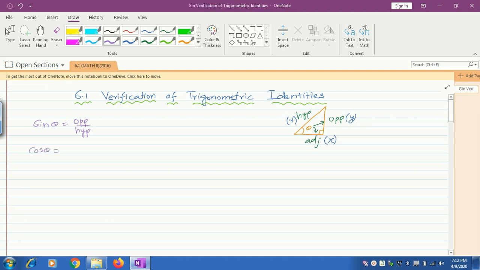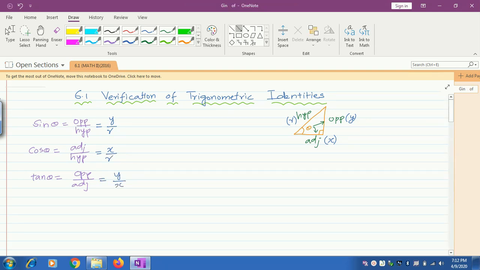Cosine theta is equal to adjacent over hypotenuse, and tan theta is opposite over adjacent. So in terms of x and y, I can write this one as y over r, this is x over r, and this is y over x.